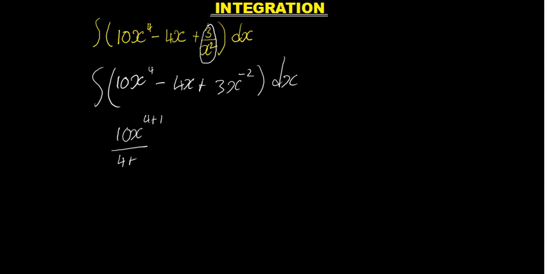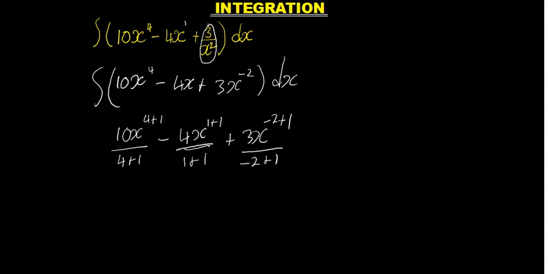Here, minus 4x. Remember that here there is a 1, so this will be 1 plus 1, divided by 1 plus 1, plus 3x to the power minus 2 plus 1, divided by minus 2 plus 1.